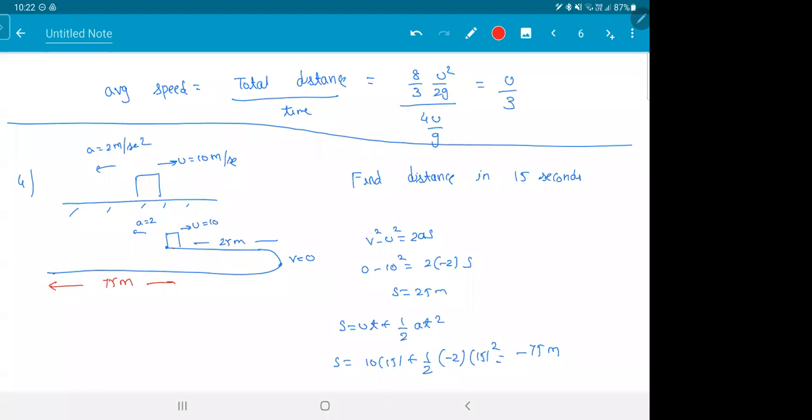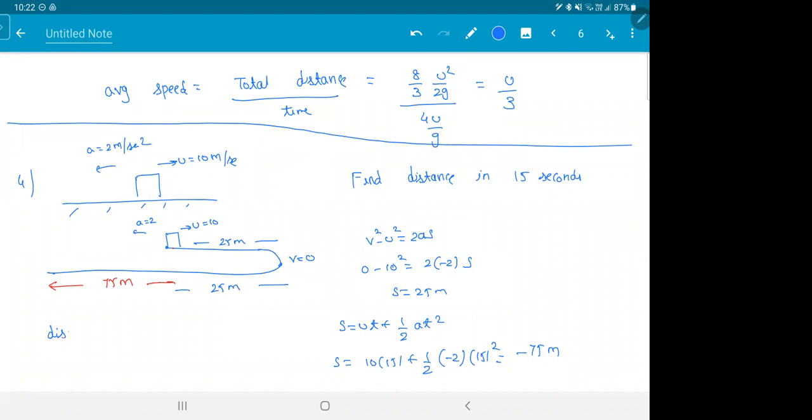That is displacement. Now understand, displacement doesn't care how much you have gone front and came back. Displacement will simply give you from the initial position how much you came back. Minus indicates backward, means what? You went 25 front, 25 back, and then went 75 back. Does that make sense? From the initial position, you went 75 meters back, finally. But initially, first you went 25 front, and then you came back and went 75 back.